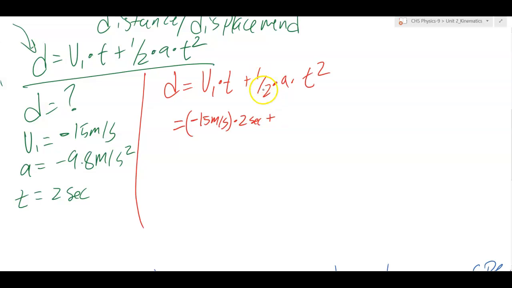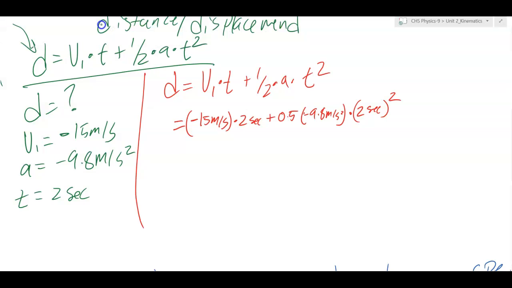I like rewriting 1/2 as 0.5, because then it's harder to make calculator mistakes. Okay, so here we go.